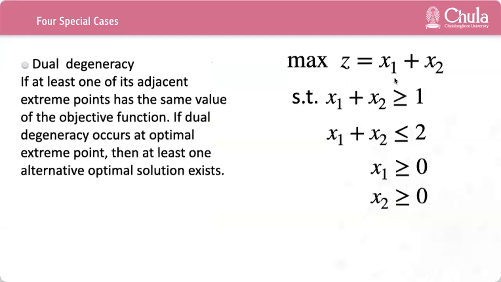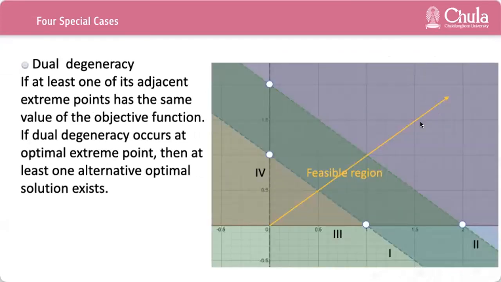And our constraint here is normal to the gradient. And you see that this line becomes our isoprofit or our contour line, right? Because it is normal to the gradient.